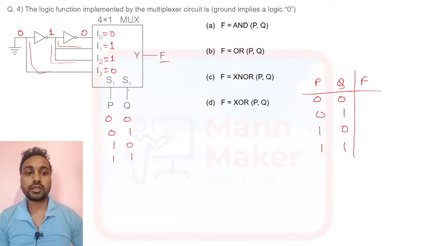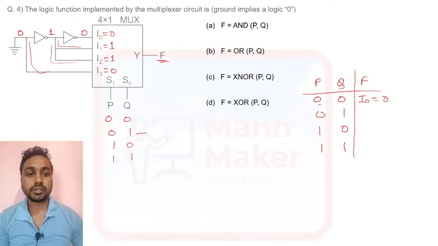F will be selected according to the select line. This is the function of a multiplexer: the output is decided according to the select line condition. Suppose it is 0 0. In the 0 0 case, it is going to select I0, that is 0.